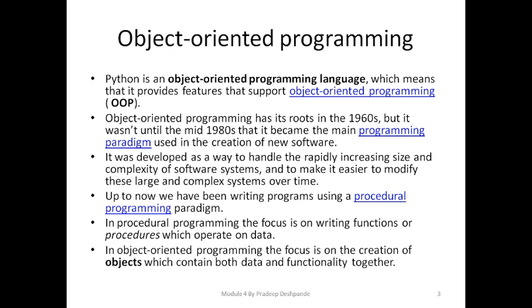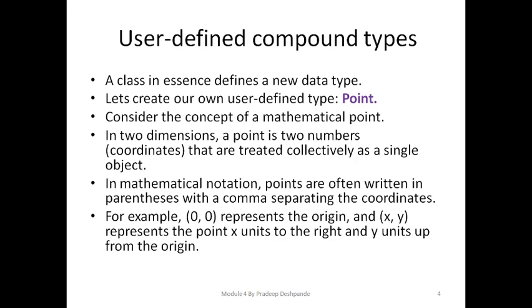C++, Java and .NET are all object-oriented programming languages. You are familiar with this, so I will not go in depth. In Python, we'll see how we can define classes and objects.